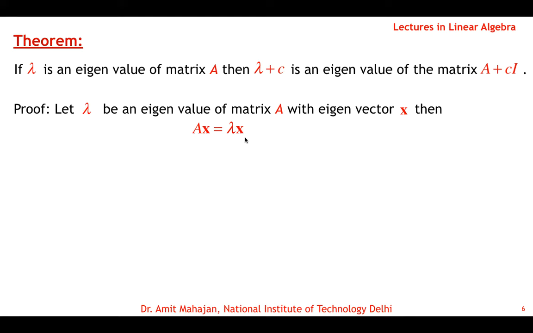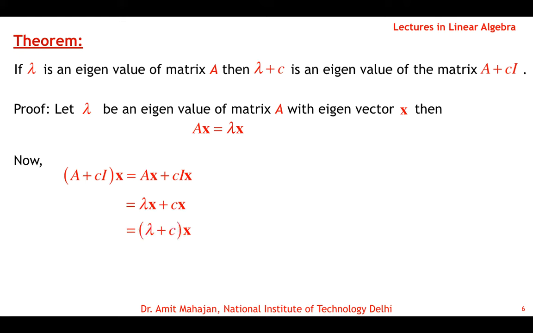And if we now calculate A plus CI times x, by linearity it is A times x plus CI times x. Identity times x is the x vector itself, and Ax we know is lambda x. So the left and right hand side becomes lambda x plus Cx, and we can take the x vector outside.